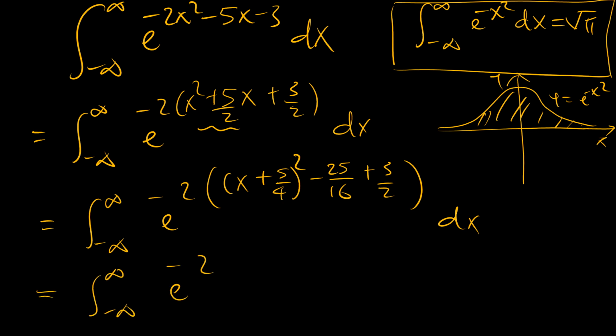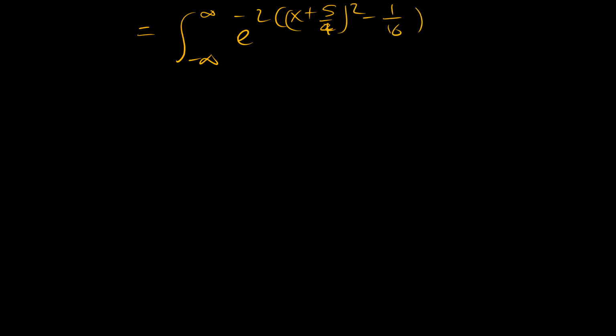Okay, and that becomes e to the power negative 2 times x plus 5 over 4 squared, common denominator 16, negative 25 over 16, 16 divided by 2 is 8, 8 times 3 is 24, so negative 25 plus 24 is 1. So we've come to a point where our problem is e to the power negative 2 times x plus 5 over 4 squared minus 1 over 16.